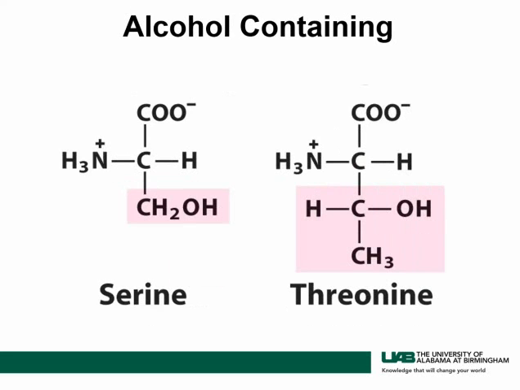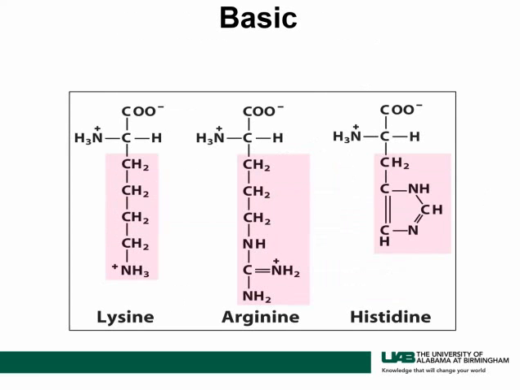Next ones are alcohol containing, and that is serine and threonine. So they stand out. There's no way you can confuse this. The next one is basic. Any R group that contains the amino group or form of the amino group is going to be considered basic. Okay, you have lysine, arginine, and histidine.